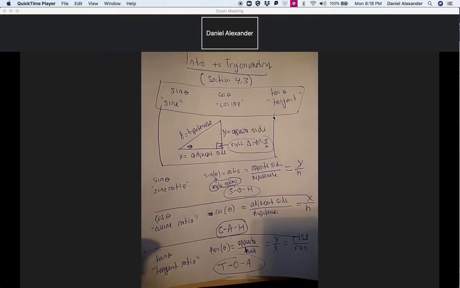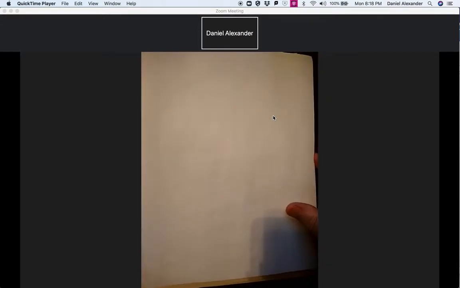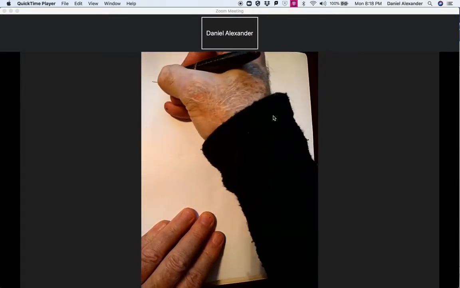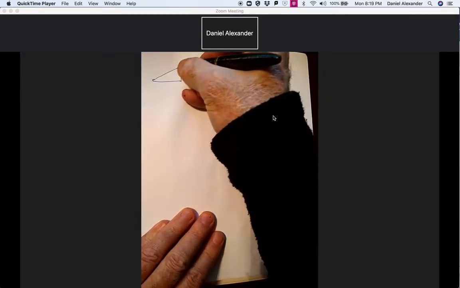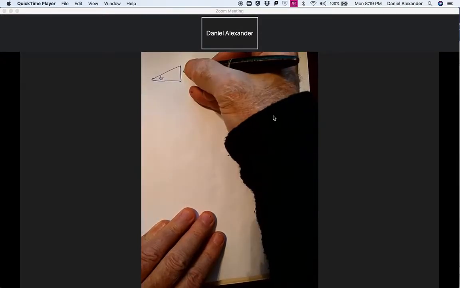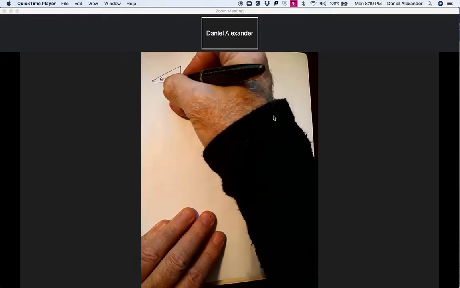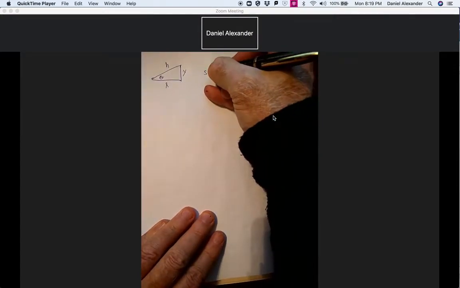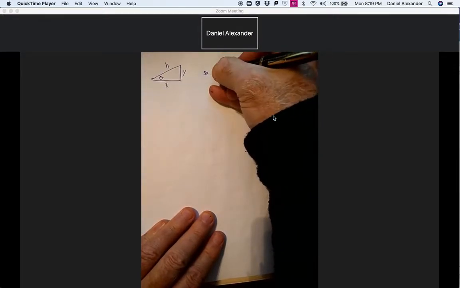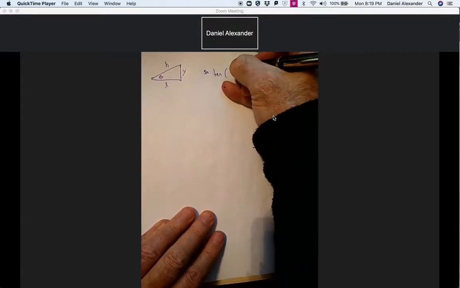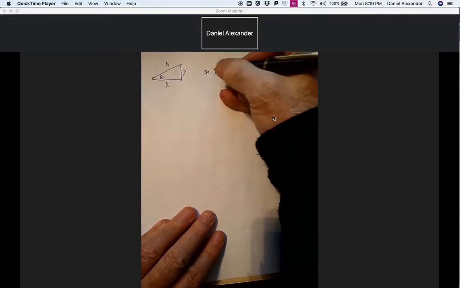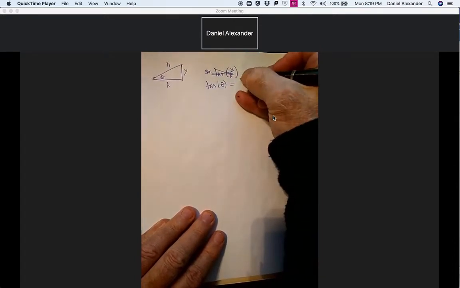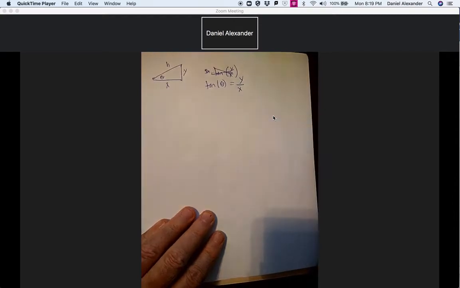Okay, so I want to do two examples, and I'm going to remind you of two ratios. We have the angle and the hypotenuse, and we're going to use the tangent, y over x. The tangent of theta is defined to be the ratio of y over x.